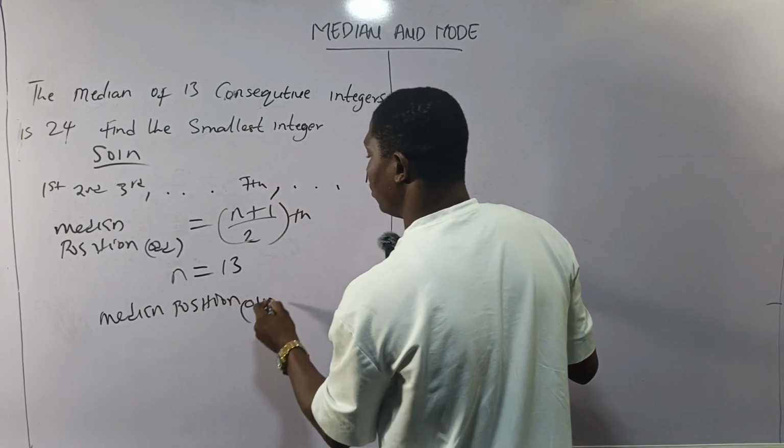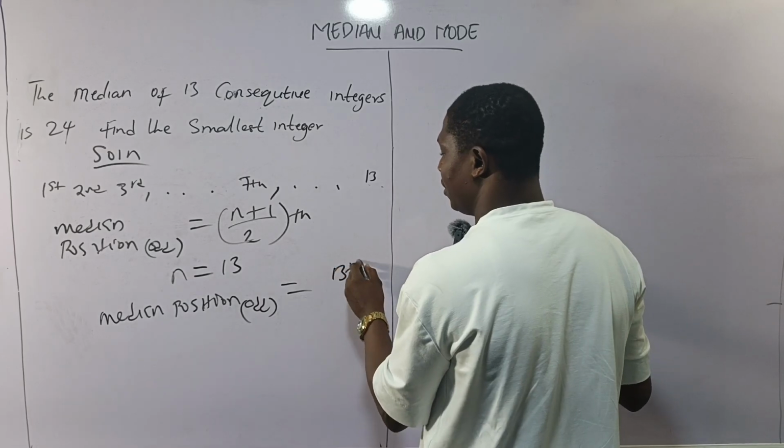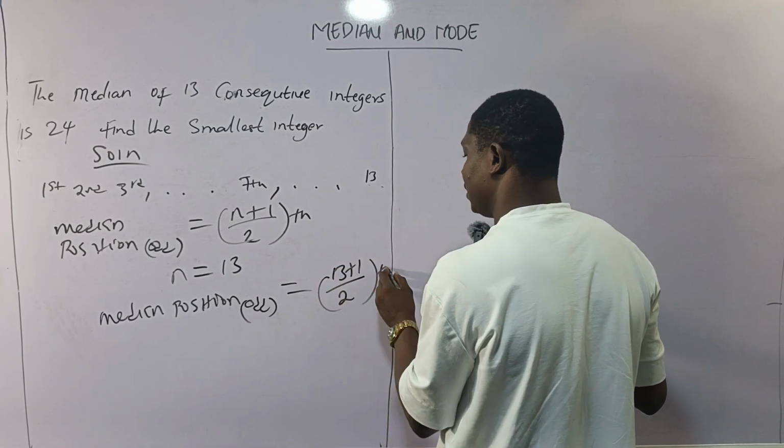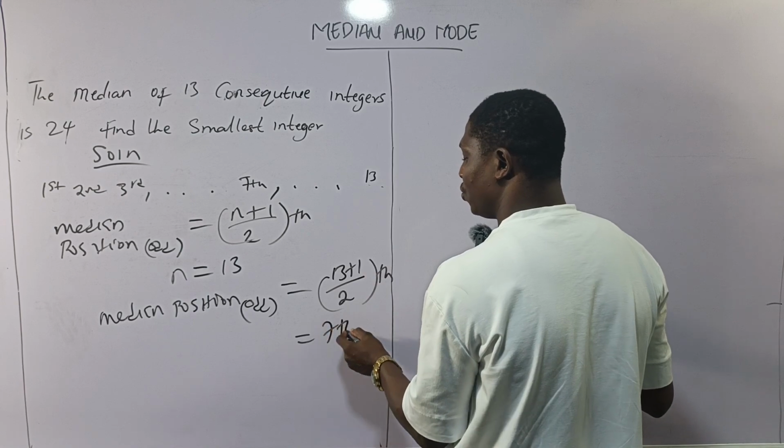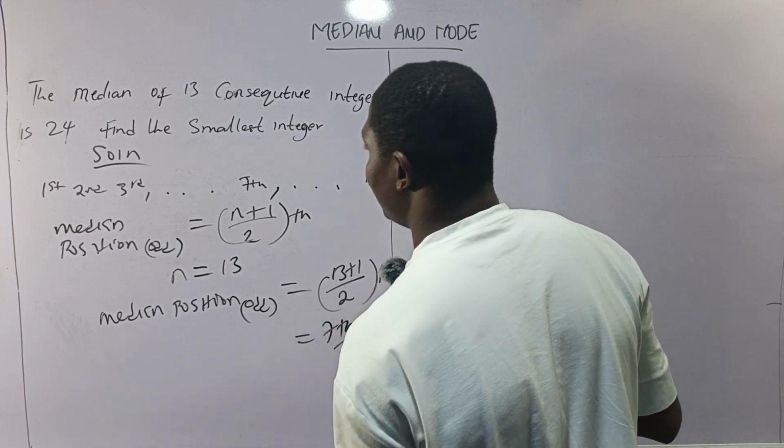Now we have our median position, therefore for odd, it is equal to (13 plus 1) over 2 in bracket th, which is 14 divided by 2. So we have the 7th position as our median.